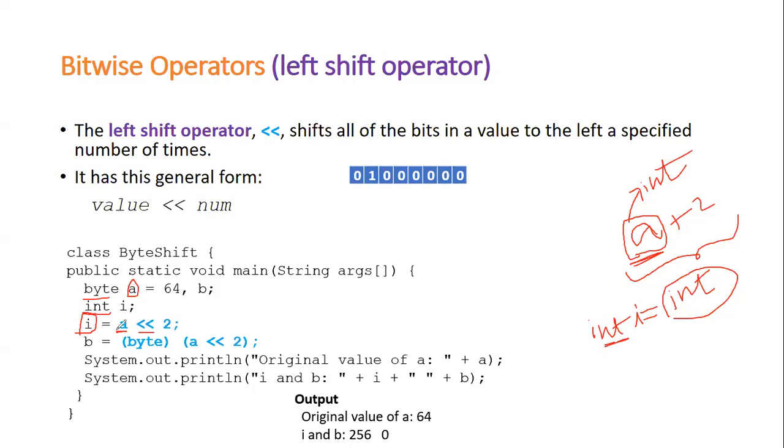Here also, since I'm using this byte variable a in an expression, it is automatically promoted to int. Since it is promoted to int, the same binary number I need to express in terms of 32 bits. It was 8 bits; since integer occupies 32 bits, now I'll express the same binary number in terms of 32 bits.